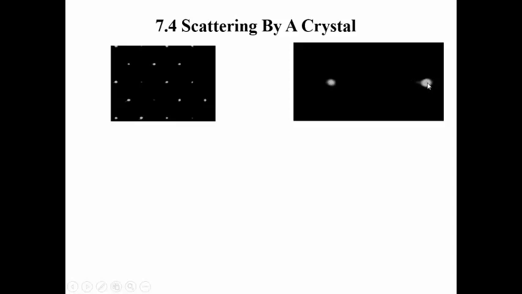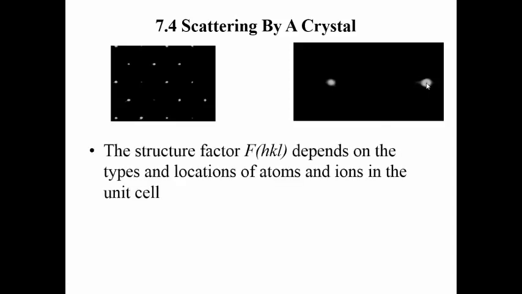Those intensities will tell you how the atoms in the cell diffracted, or scattered, I should say, and that will allow you to understand what the structure was. That's the whole story of X-rays, X-ray crystallography. So the structure factor depends on the type and the location. The type: is it oxygen, is it hydrogen?